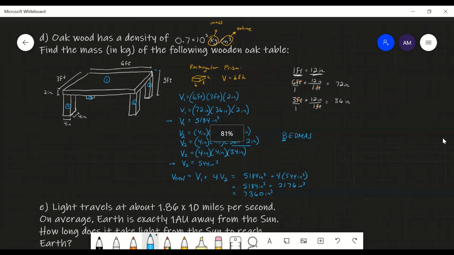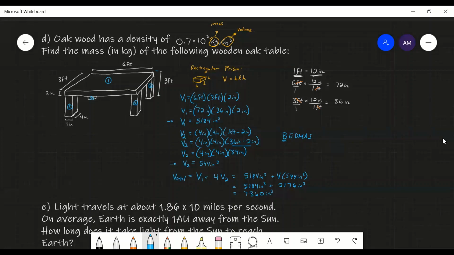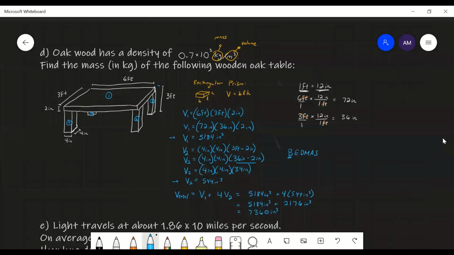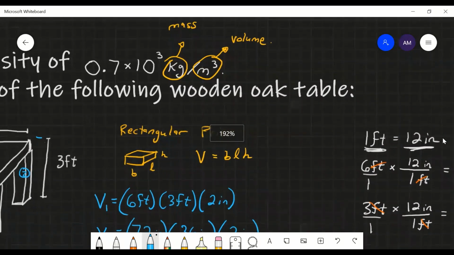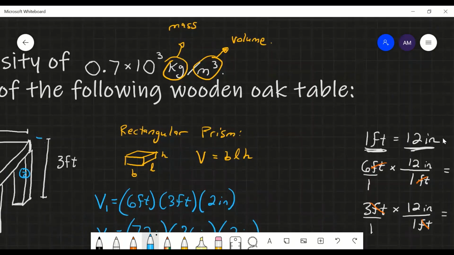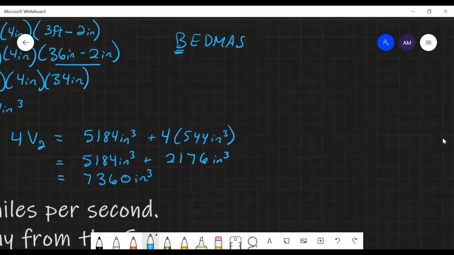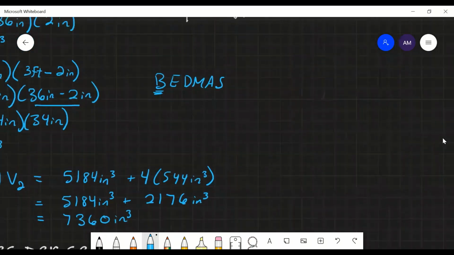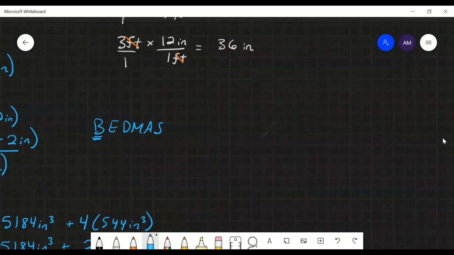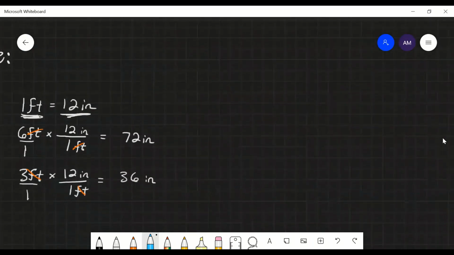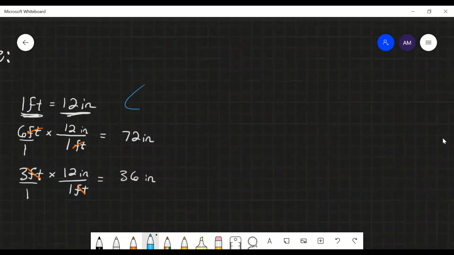We're not quite there yet because, if you recall, our density is in cubic meters, meters cubed. That means we have to convert all of these inches into meters. I'll have to write that on another step up here.